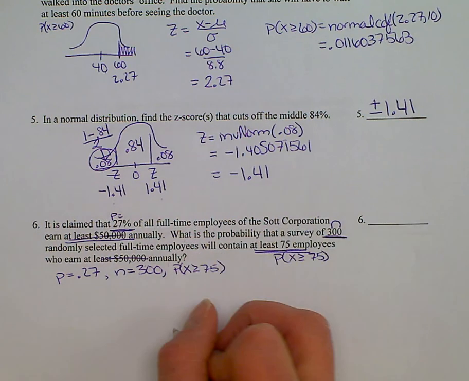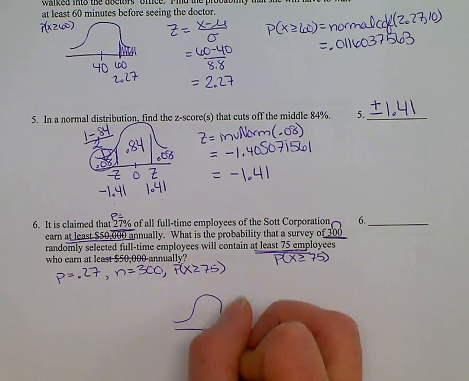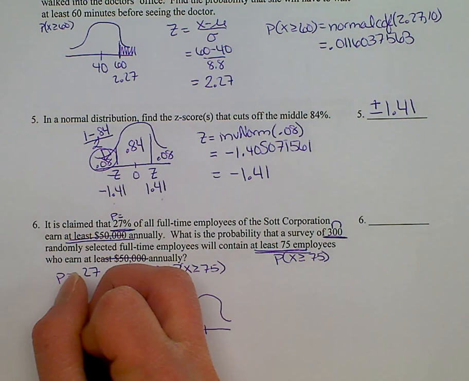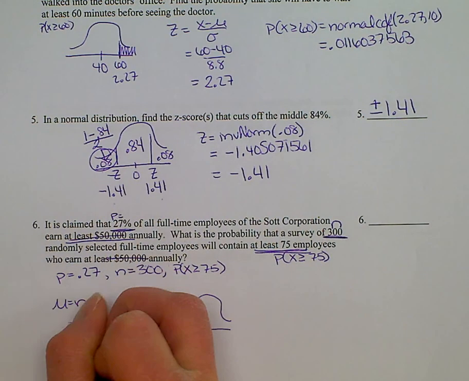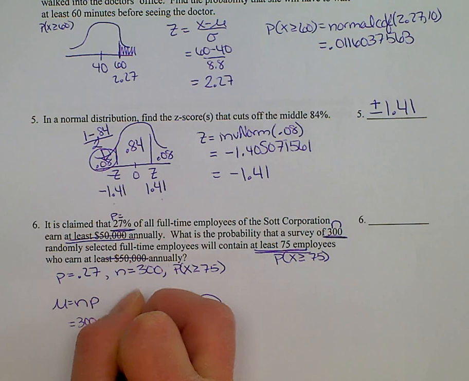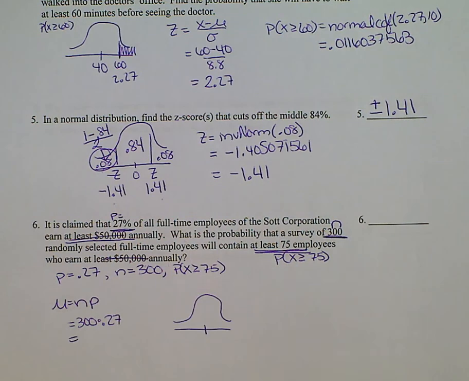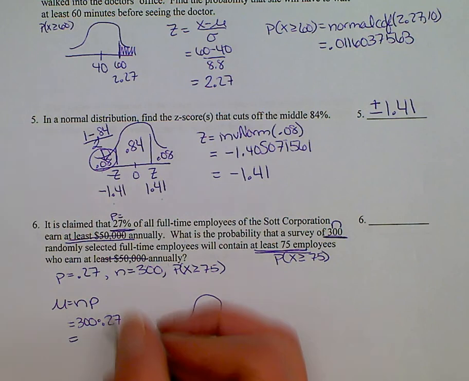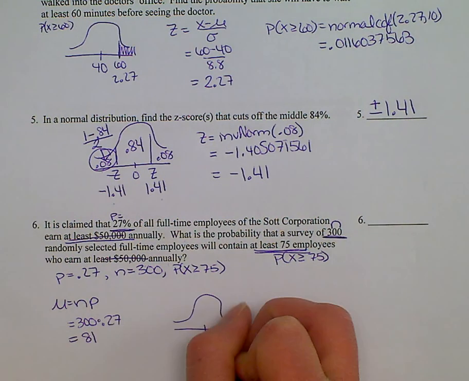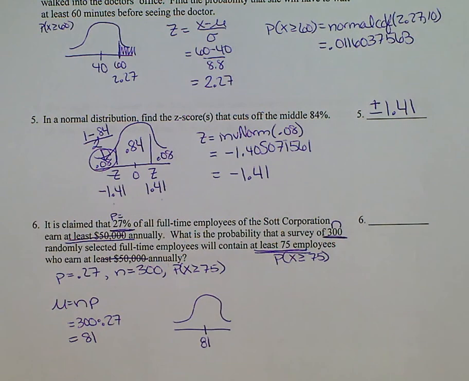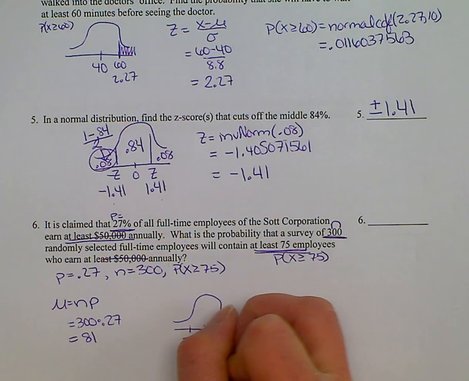I'm going to need to calculate the mean and the standard deviation. Because we're going to calculate the mean and the standard deviation, when I calculate my z-score, we're going to have to end up changing this 75 by 0.5.